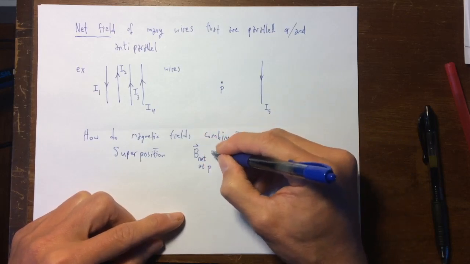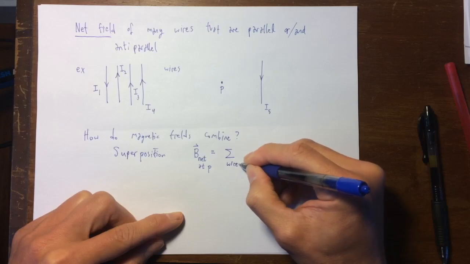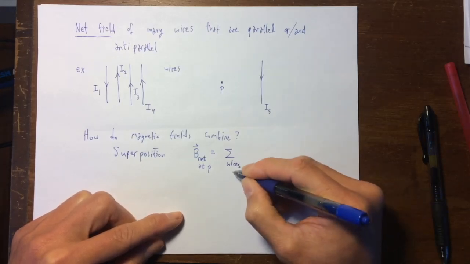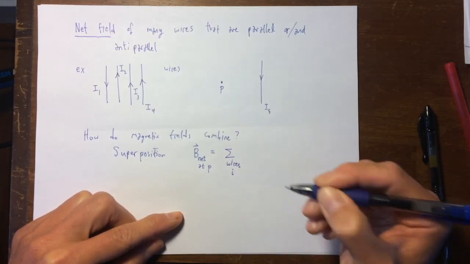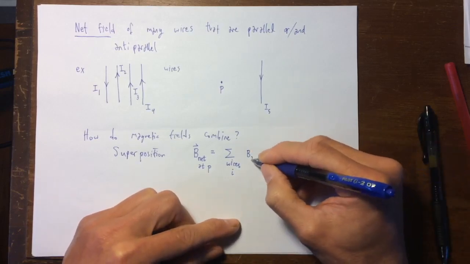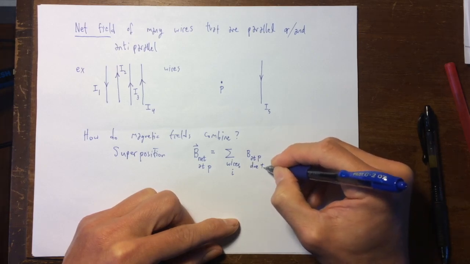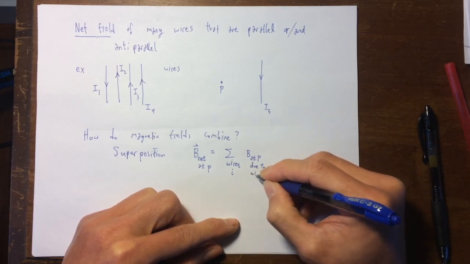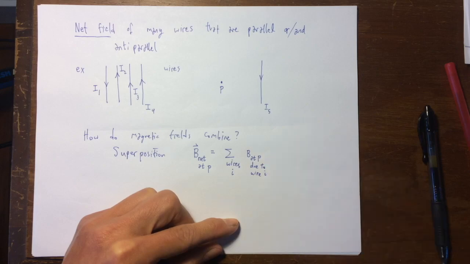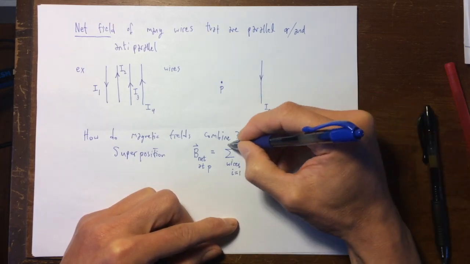It is equal to the sum over all the wires, and the wires are labeled by index i. I'm going to say it's the magnetic field at P due to wire i, with i equals 1 all the way up to 5.